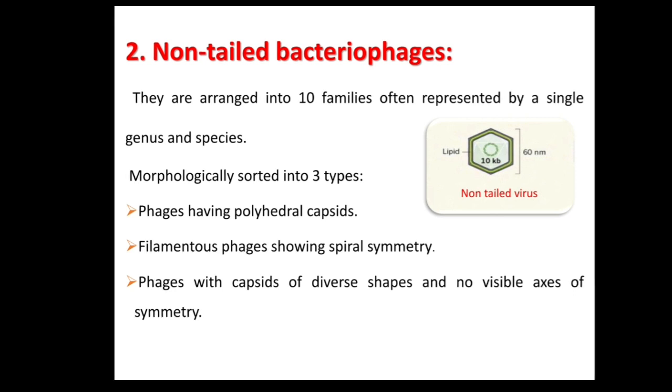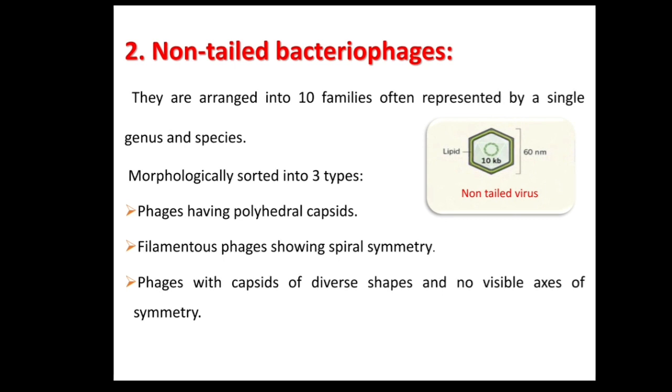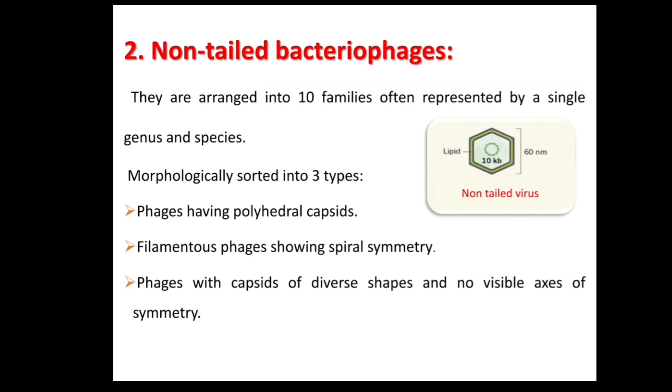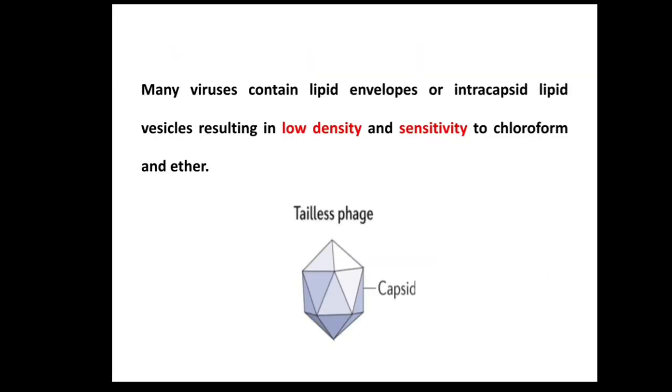I will continue the classification of the bacteriophages and talk about non-tailed bacteriophages, DNA-containing bacteriophages with polyhedral capsid, and RNA-containing bacteriophages. Non-tailed bacteriophages are arranged into 10 families, often represented by a single genus and species, morphologically sorted into three types: phages having polyhedral capsids, filamentous phages showing spiral symmetry, and lastly, phages with capsids of diverse shapes and no visible axis of symmetry.